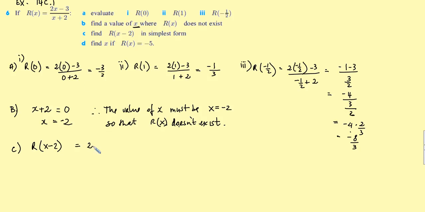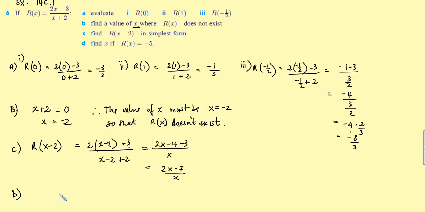So I'm going to do 2 times x minus 2, minus 3, all divided by x minus 2 plus 2, which is going to equal 2x minus 4 minus 3 all over x. So we get our final answer of 2x minus 7 all over x. And we'll just leave our answer as such.